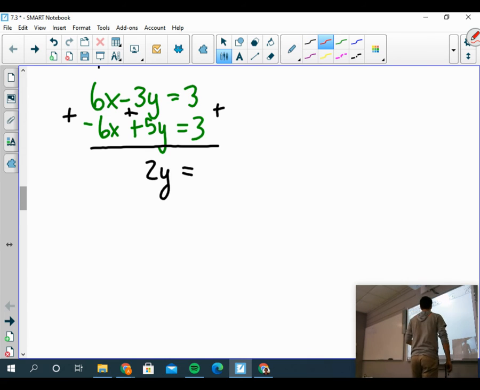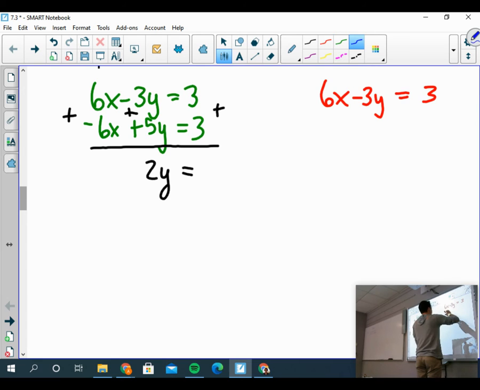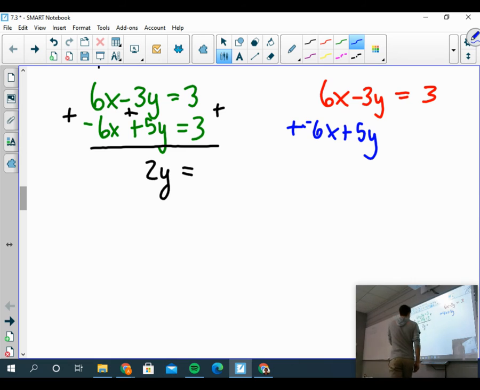If you want to see it more visually, if I start with 6x minus 3y equals 3, we said we wanted to add negative 6x plus 5y to the left side. But what we do to one side, we must do to the other. But I don't want to add negative 6x plus 5y because that won't simplify the problem.